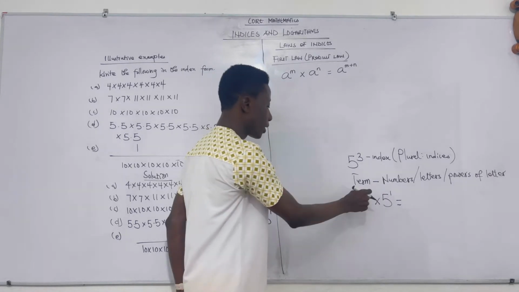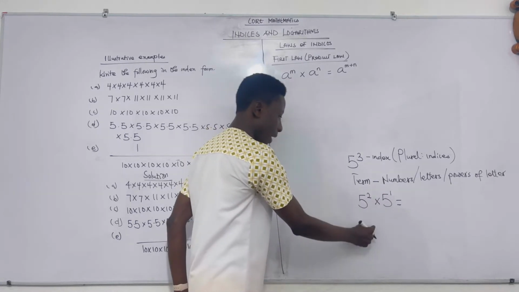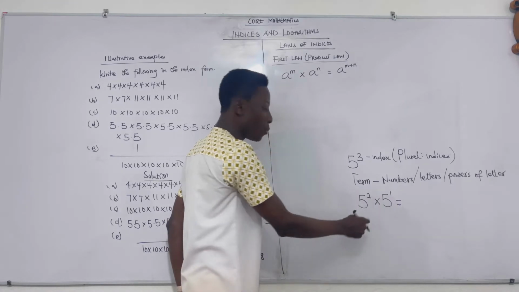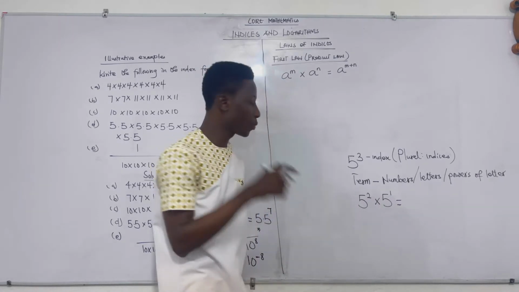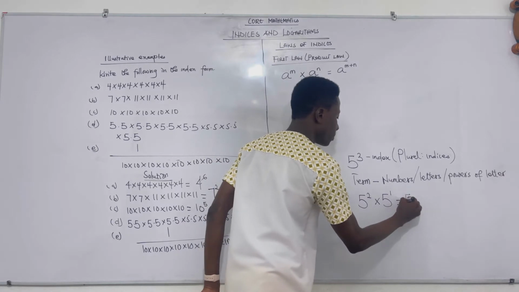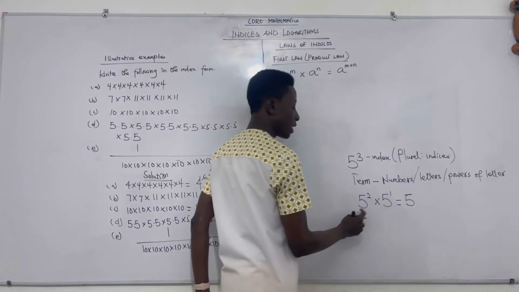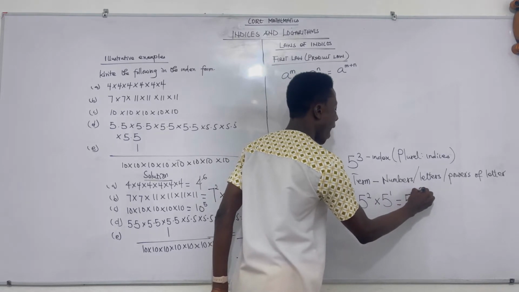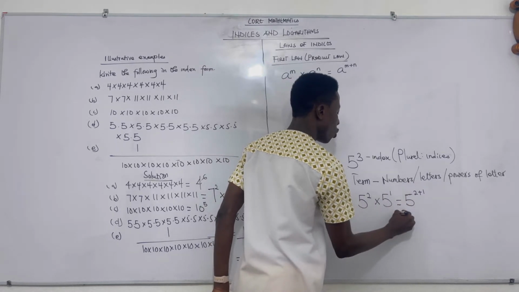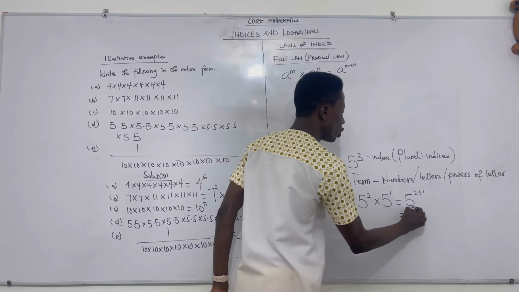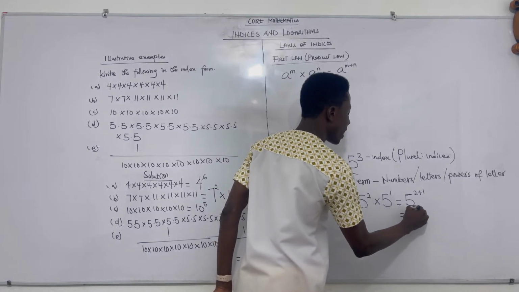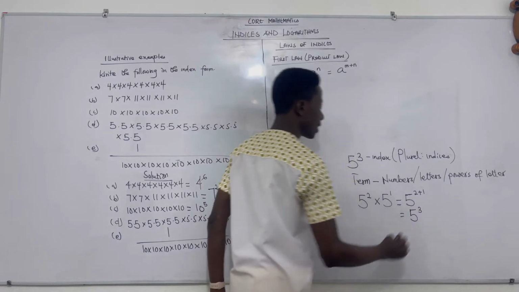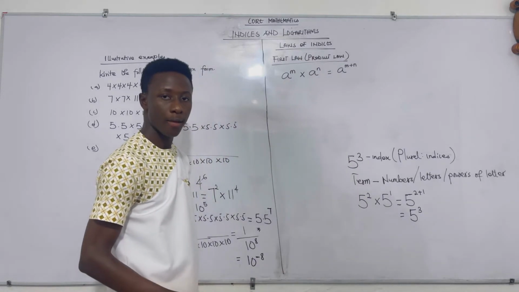So they are terms multiplying each other, and the bases are the same. So you pick one of the terms, that's the base, and then since they are multiplying, you add the powers. So at the end of the day, you would have 5 exponent 3 as an answer.